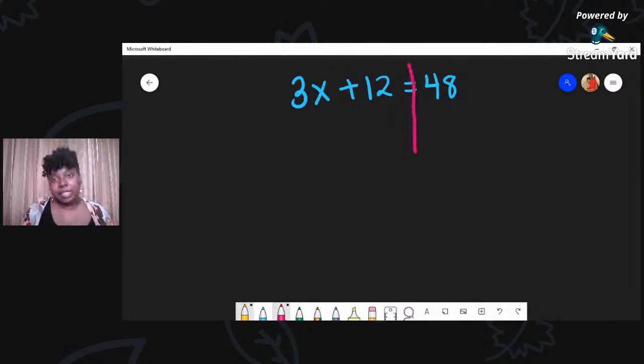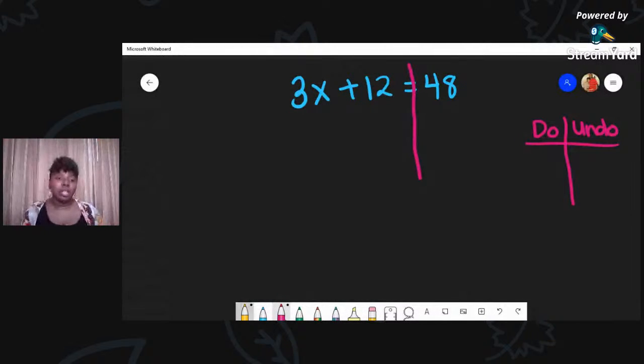Draw your line to separate both sides of the equation. What is happening? What are we doing to the x? Remember, make your do and undo chart. Well, first, we're multiplying it by 3. And then we're adding 12.